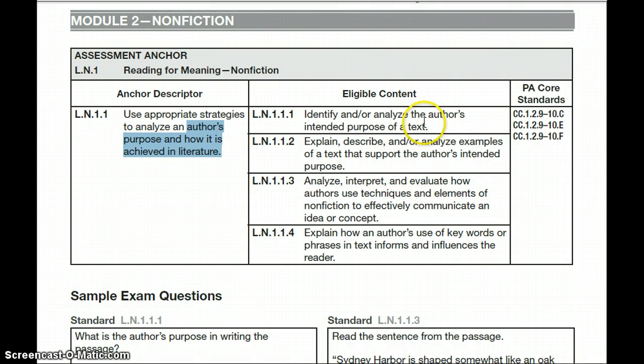So we are still going to figure out why an author wrote a text, what is their intended purpose. We still need to find and analyze and describe examples of a text that supports the author's intended purpose.